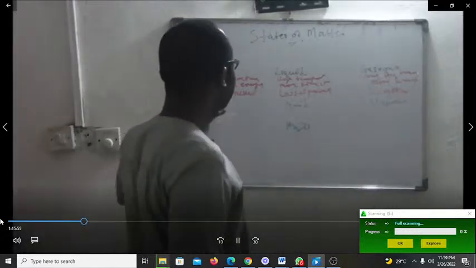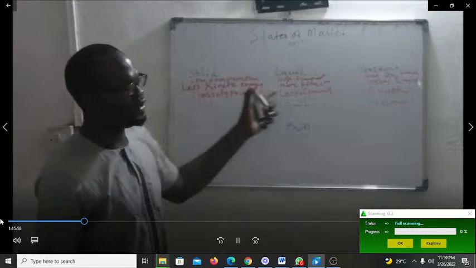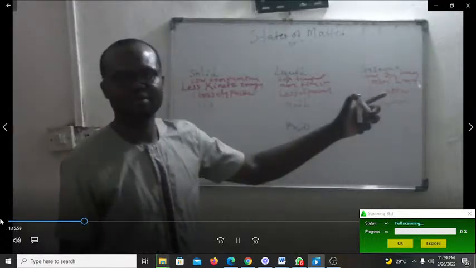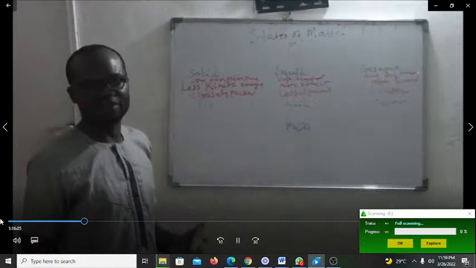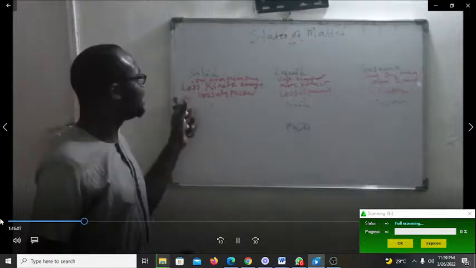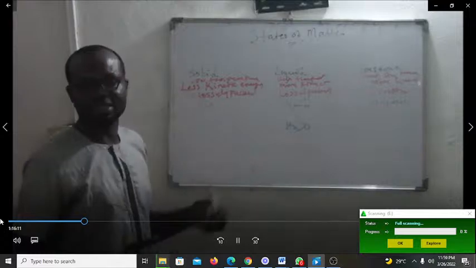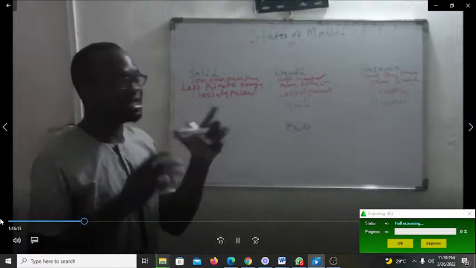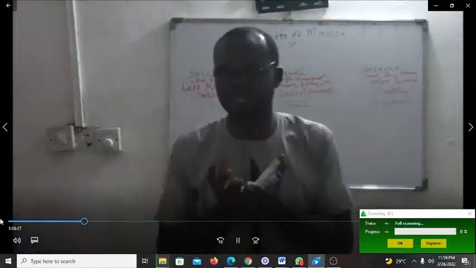So these are the different states of matter, and this is what differentiates them. You understand? What differentiates the different states of matter is the temperature. If the temperature is low, you expect that the particles of the solid will have less kinetic energy, and because of that they will be more closely packed together.